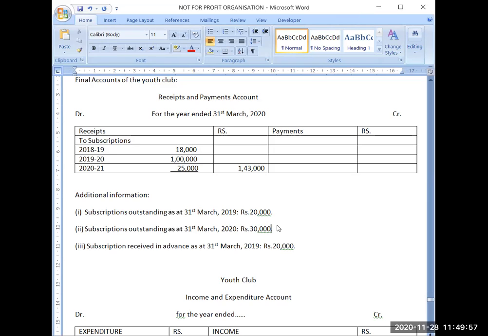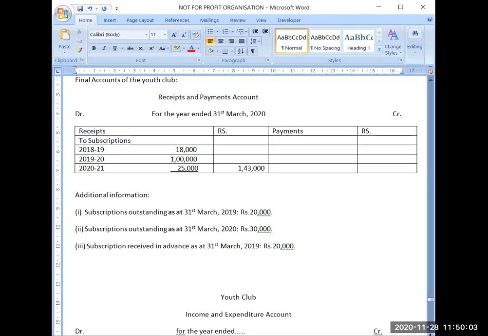Now what is the process of finding the current year outstanding amount again? You are not following the procedure properly. First identify the last year outstanding amount. What is the amount last year outstanding? 20,000. Out of that, less received for last year.